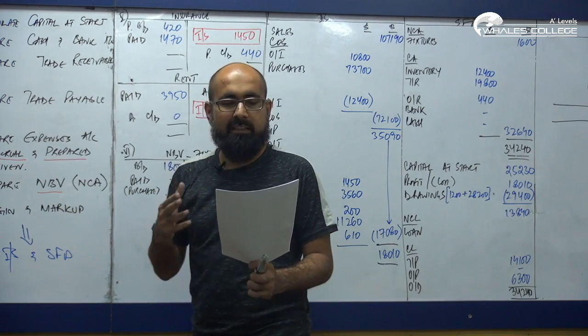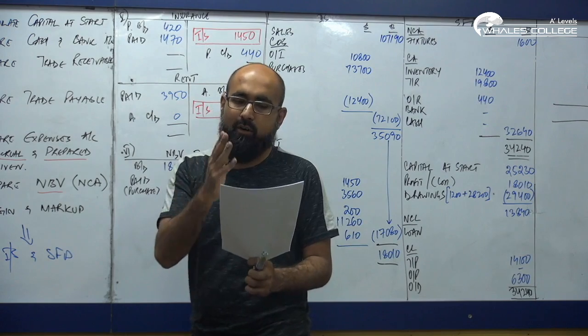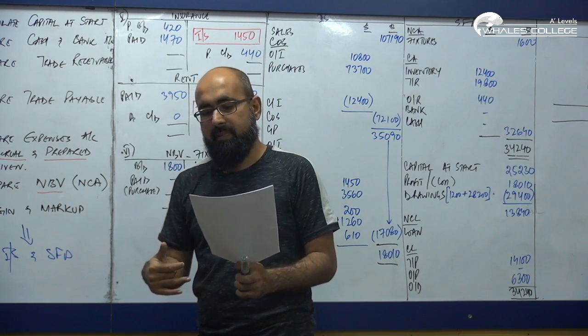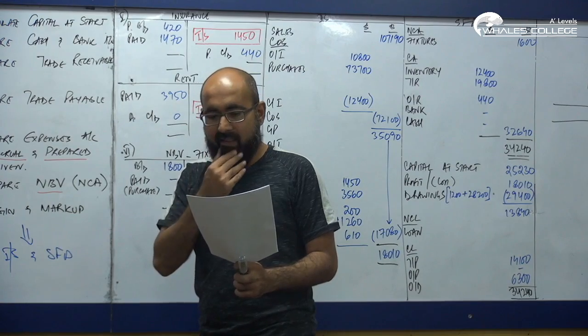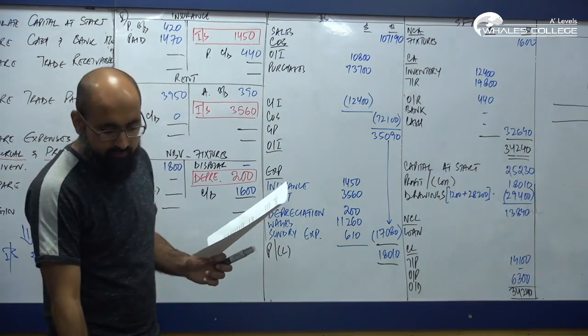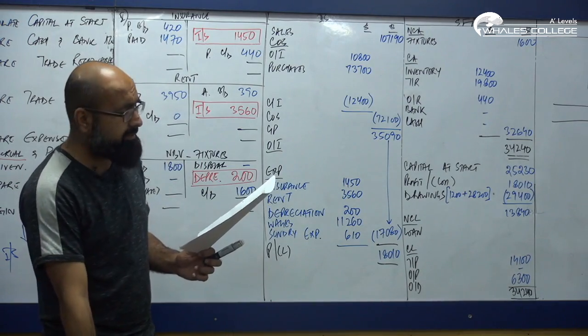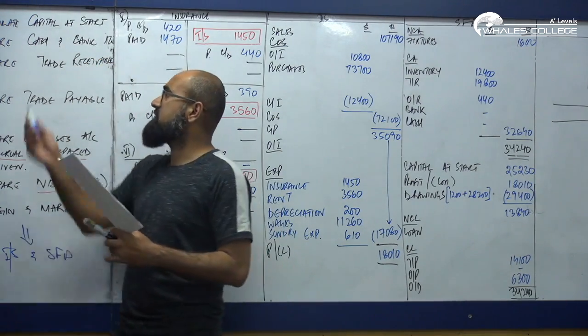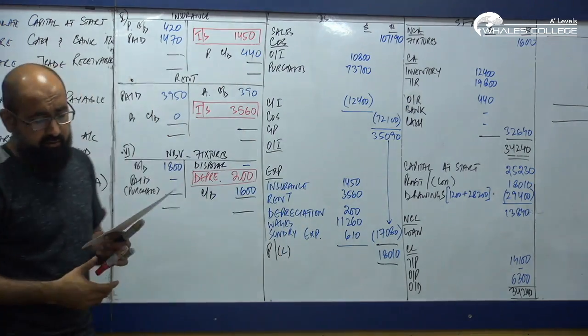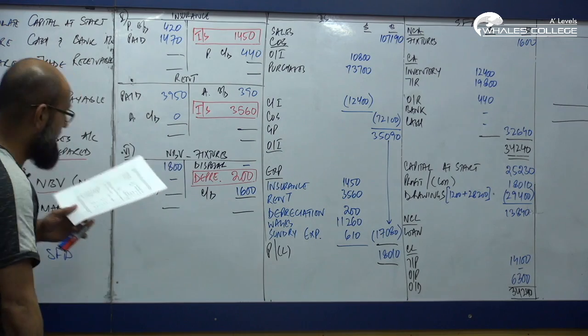Then you have the bank account for the year 2008, that is brought down, receipts, payments, ending balance. And the record of cash paid, the statement relevant to the cash. Now I'm going for step number 1, capital at start. Look here.